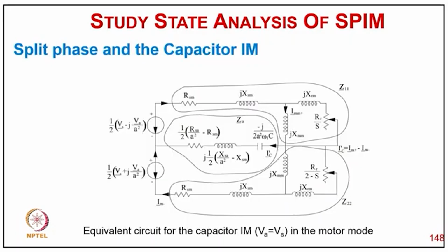And then of course you have a typical equivalent circuit for the split phase capacitor induction motor. We introduce the capacitor with the auxiliary winding, again with backward and forward field, and the two voltages are given here.